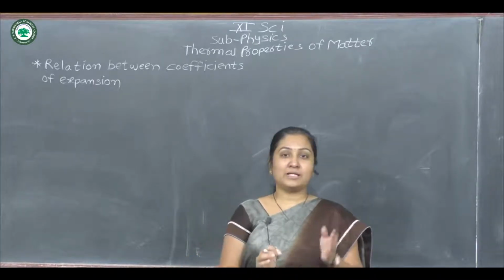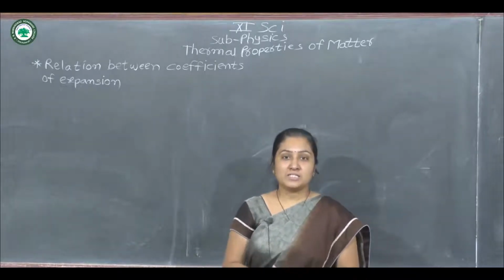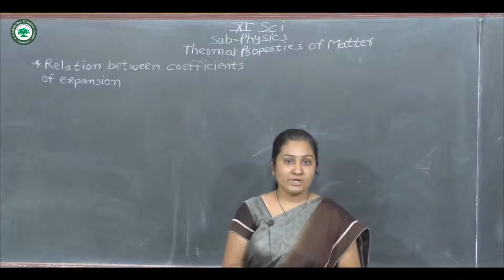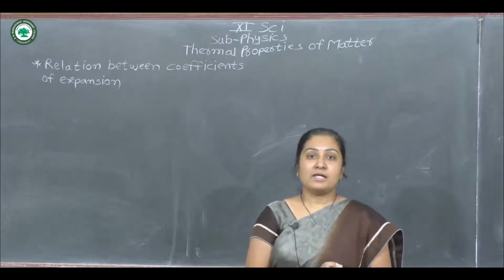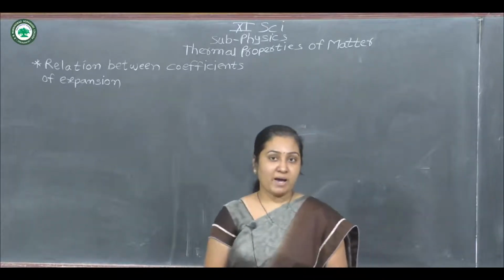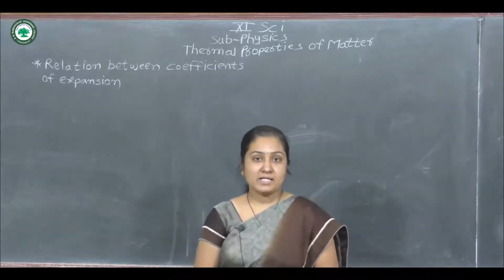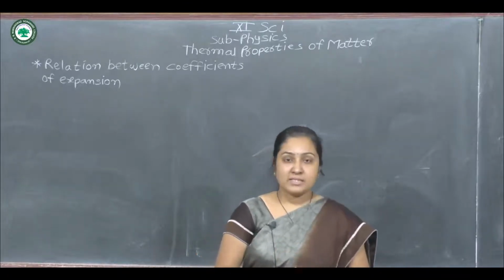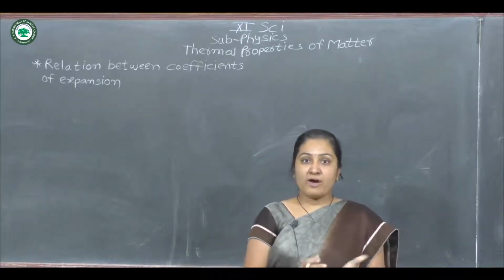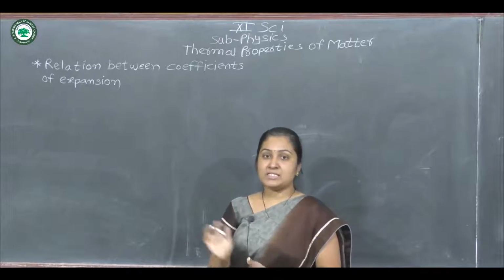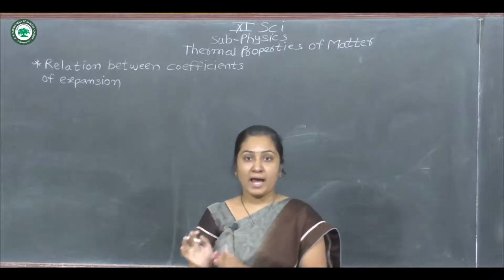Now we are going to study the relations between the three coefficients of expansion, that is alpha, beta and gamma. Alpha is called the coefficient of linear expansion, beta the coefficient of areal expansion, and gamma the coefficient of volume expansion. We will find the relation between alpha, beta and gamma.